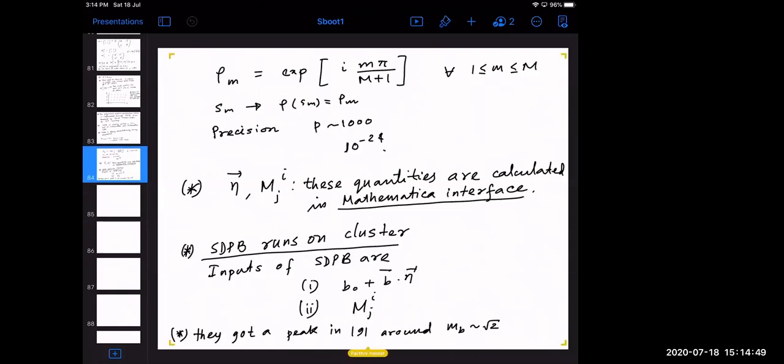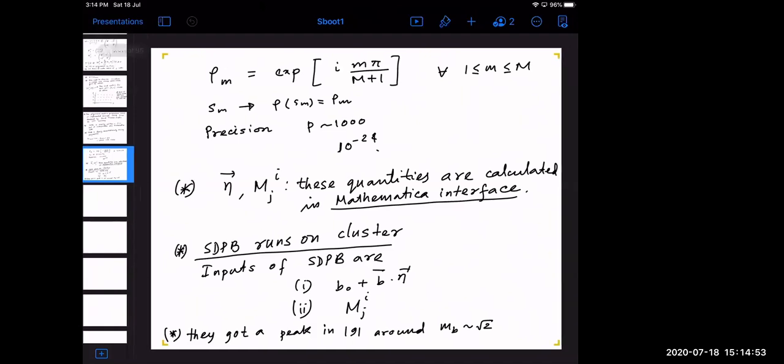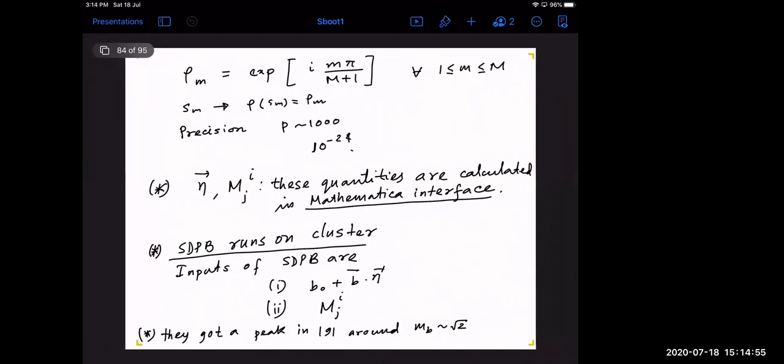So M squared equals 2, for example. Somewhat in the middle, they found this constraint to happen.